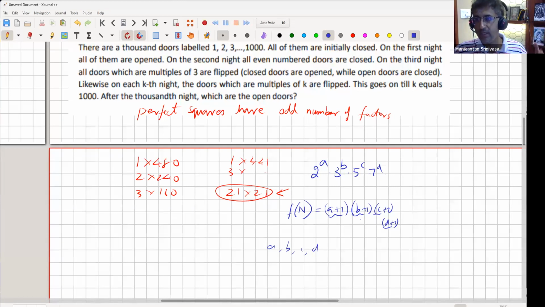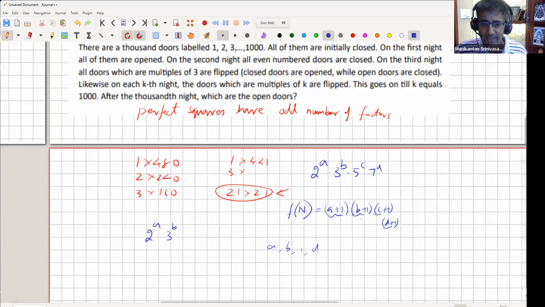The only possibility when a, b, c, d will all be odd, sorry, was I saying it reverse? Yeah, correct. If it's a perfect square, then a, b, c, d, all of them will be even.